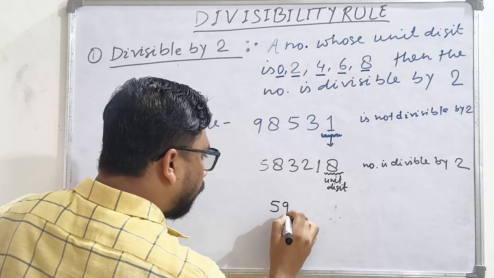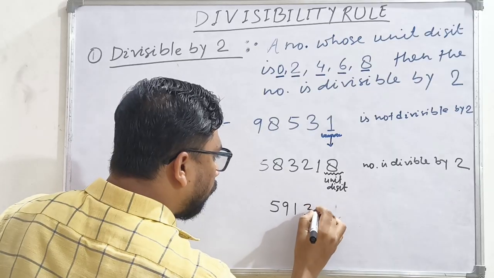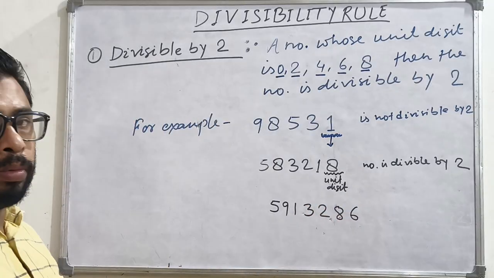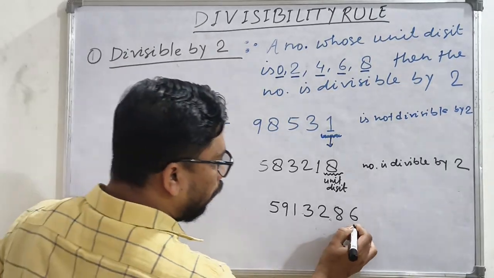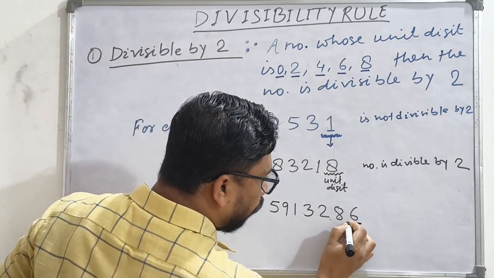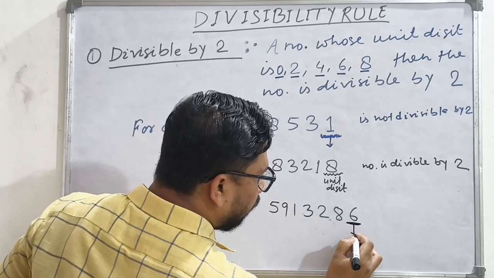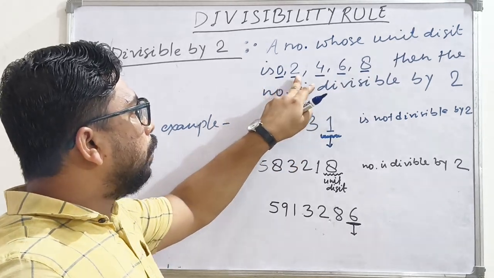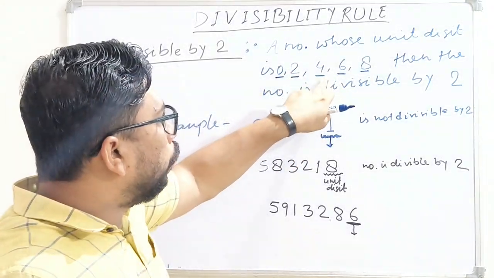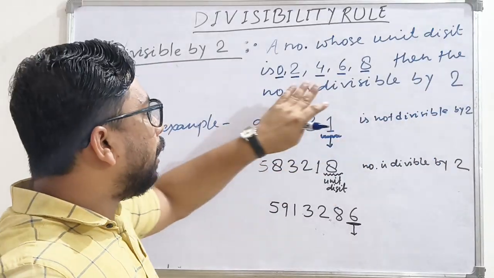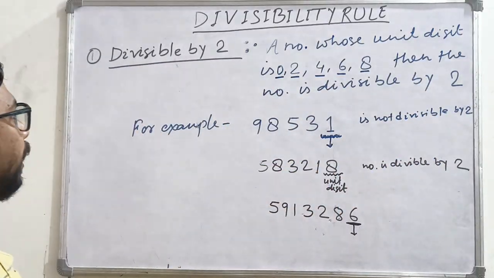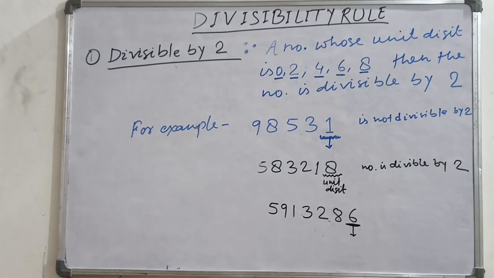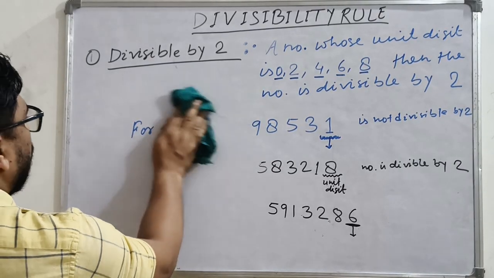Yes, this number is divisible by 2, because the unit digit is 6. So a number whose unit digit is 0, 2, 4, 6, 8 is divisible by 2. Complete? Now I am going to the next one, that is divisibility by 3.